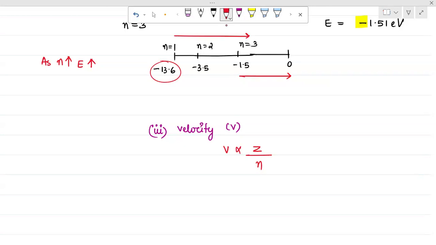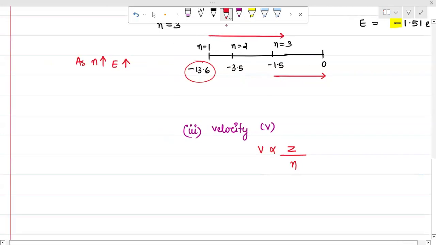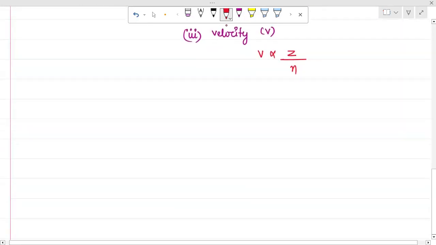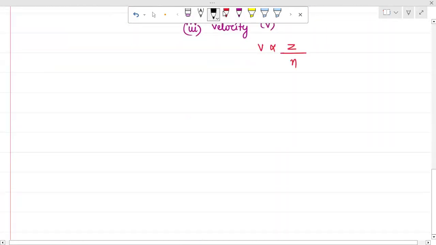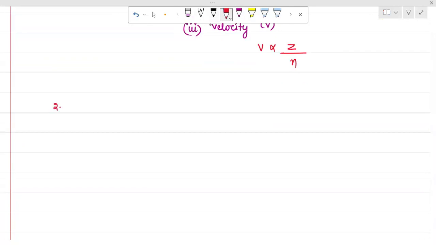The next one that we need is the azimuthal quantum number. Please note the next one. So the first one was the principal quantum number, the second one is the azimuthal quantum number.